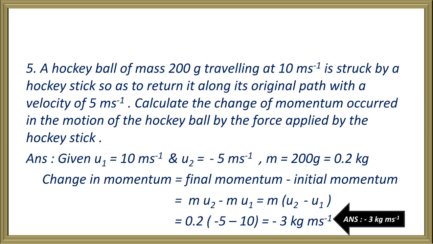Change in momentum equal to final momentum minus initial momentum. Final momentum is mu2, initial momentum is mu1. So change in momentum is m into u2 minus u1. After putting in values and calculating, we get minus 3 kg meter per second.